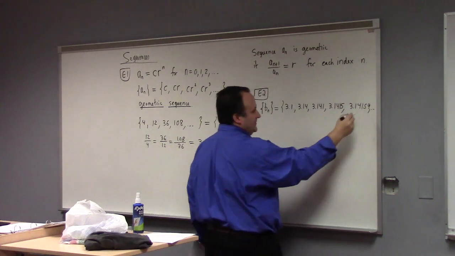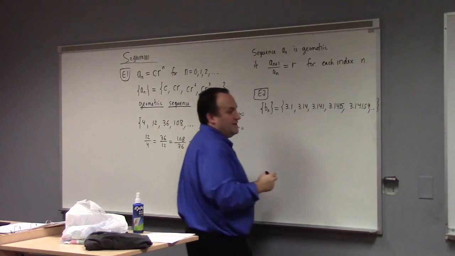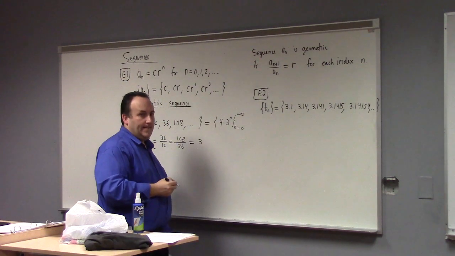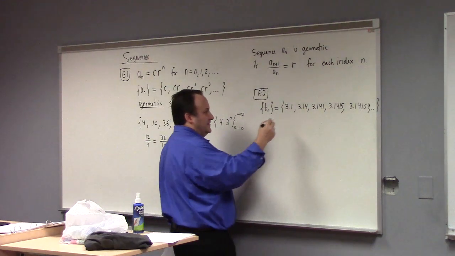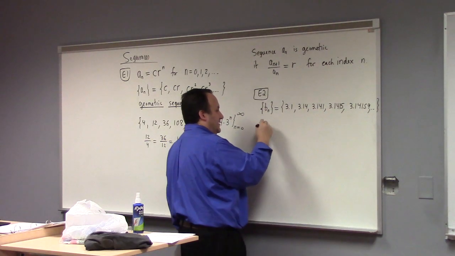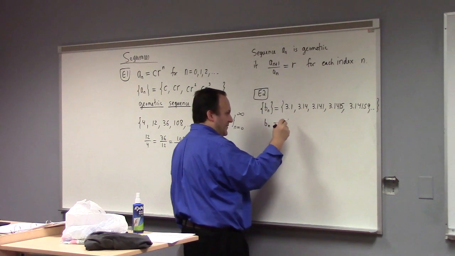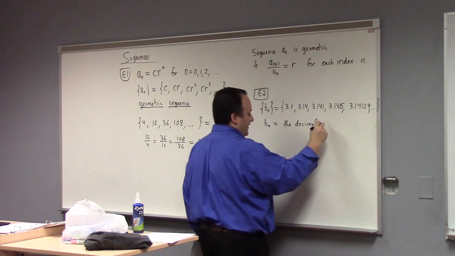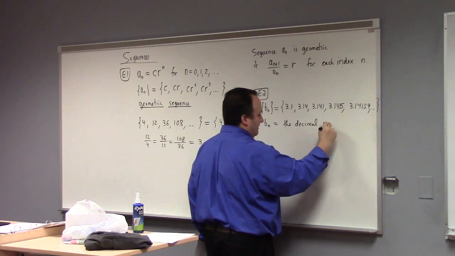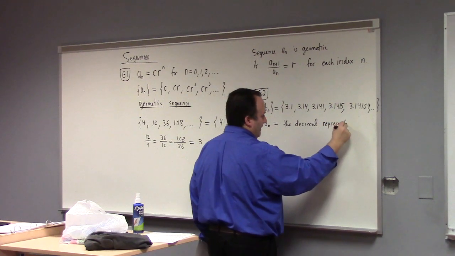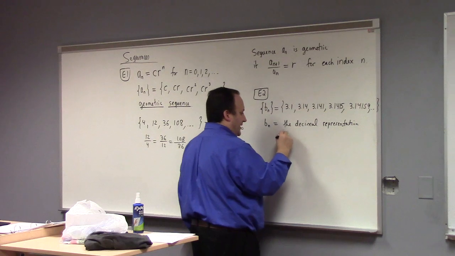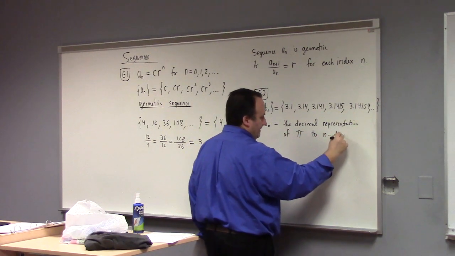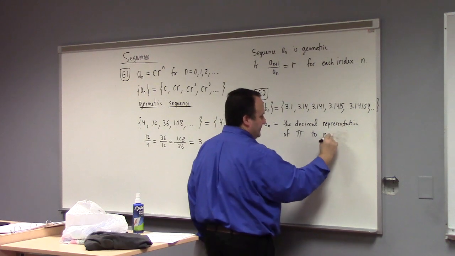So what is this sequence here? Yeah, right. So here we're forming a sequence where b sub n is equal to the decimal representation of pi to n digits, or n decimals, I should say.